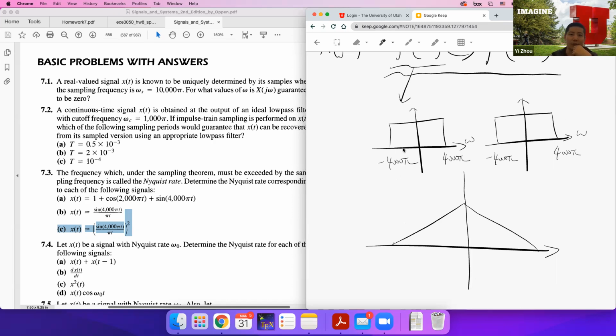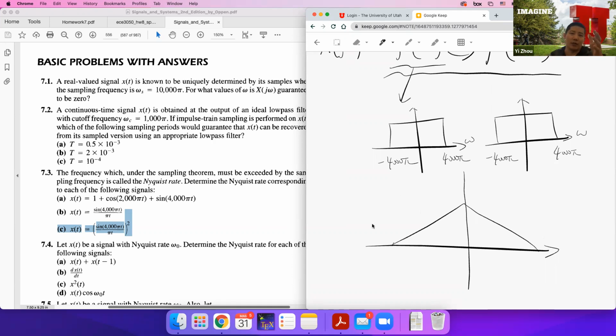The idea is that you fix one of them, and for the other one you do a time reversal, which is again a rectangle because it's symmetric, and then you move it from left to right. The convolution is basically their overlapping area.